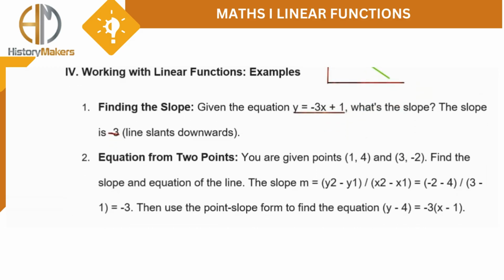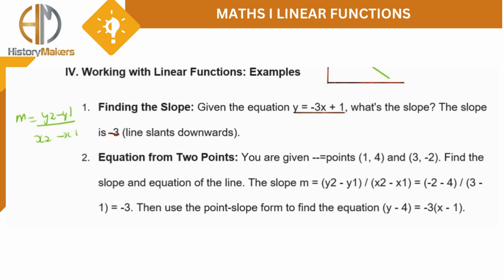Equations from 2 points. You are given this point and this point. They say find the slope and equation of the line. So remember, slope is given by m equals y2 minus y1 all over x2 minus x1.